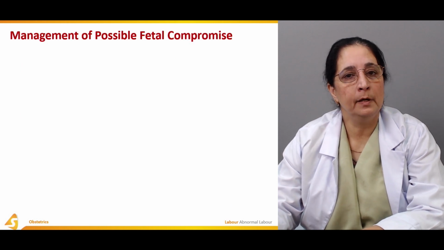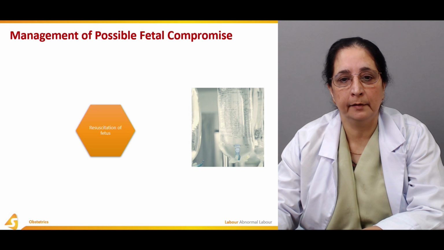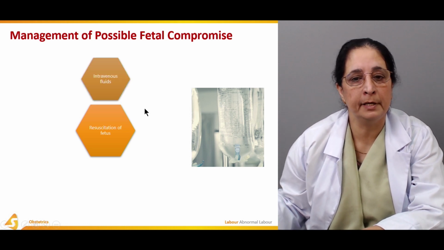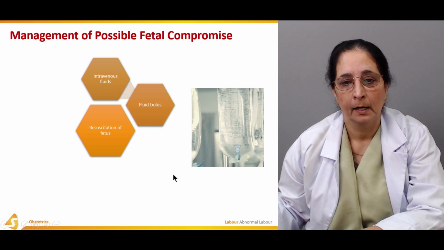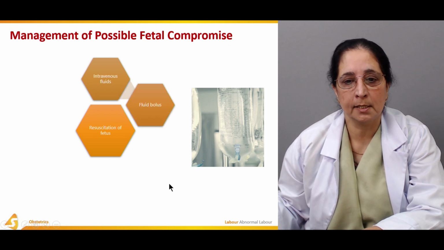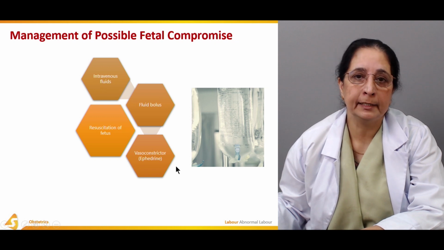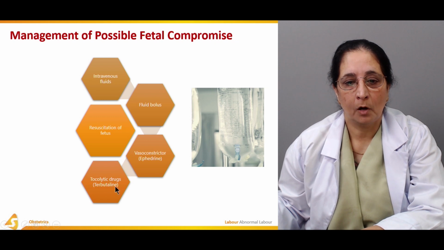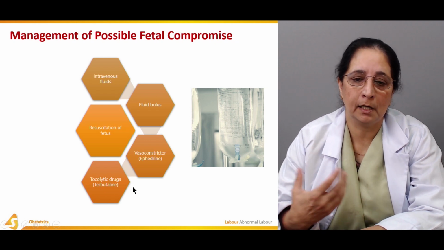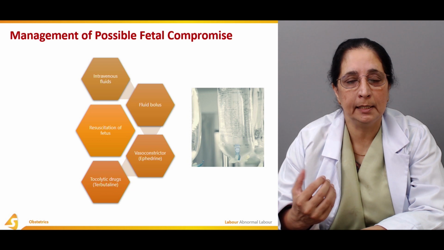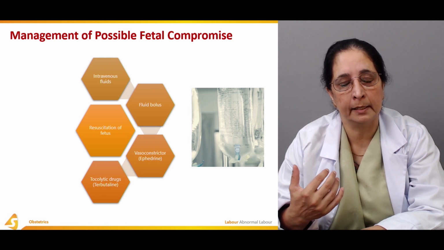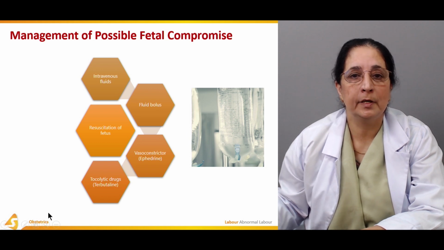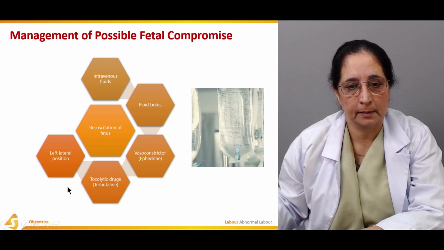Management of possible fetal compromise. If there is fetal compromise, it should be managed by IV fluid resuscitation, a fluid bolus, and a vasoconstrictor like ephedrine. Tocolytic drugs are drugs like terbutaline that quiesce the uterus and decrease the contractions of the uterus.